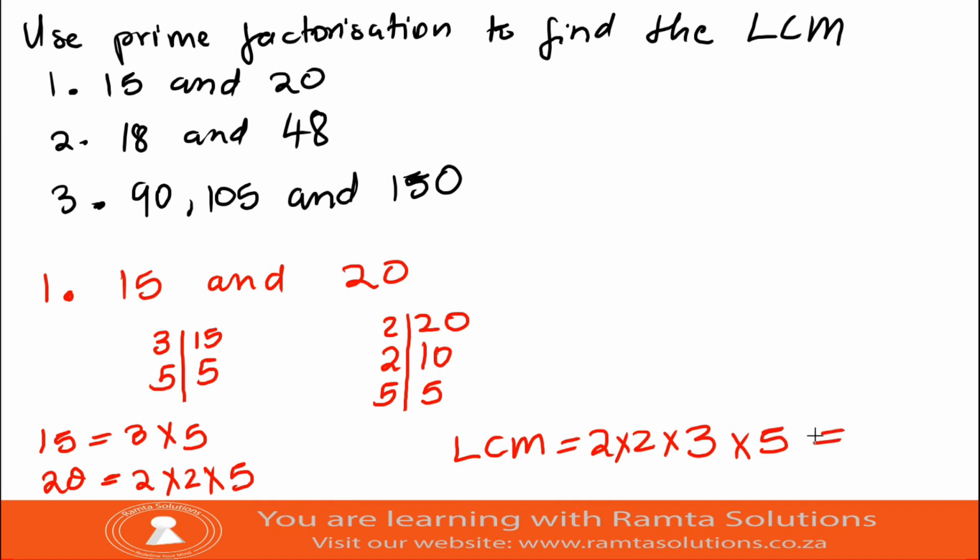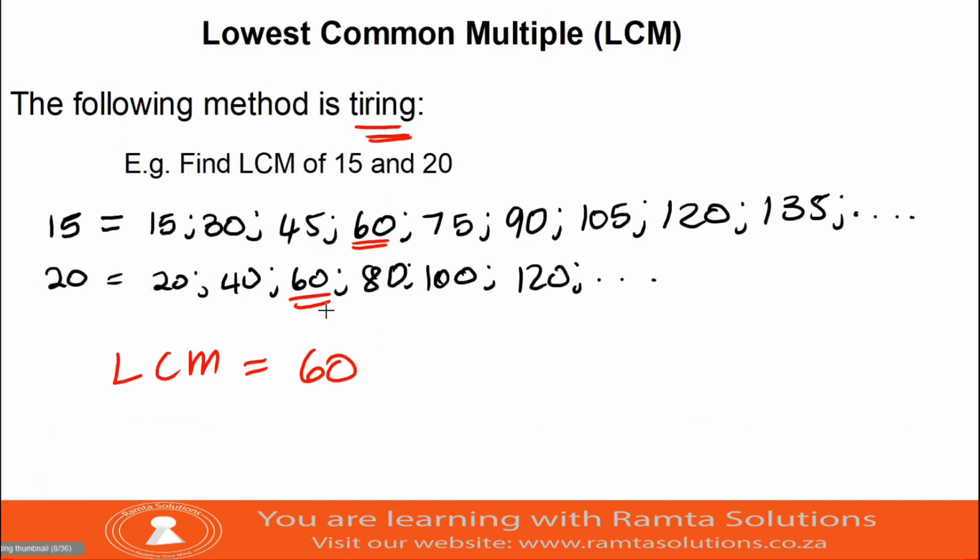So, when you look at this, our lowest common multiple would be 2 times 2 is 4, 4 times 3 is 12, times 5. 12 times 5 is 60. This is the answer that we got in our opening segment, that our lowest common multiple for 15 and 20 is 60.